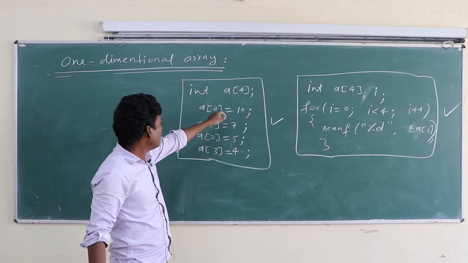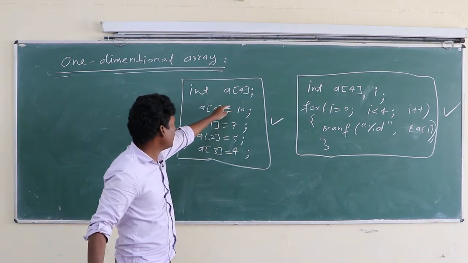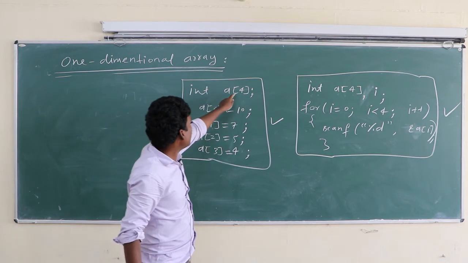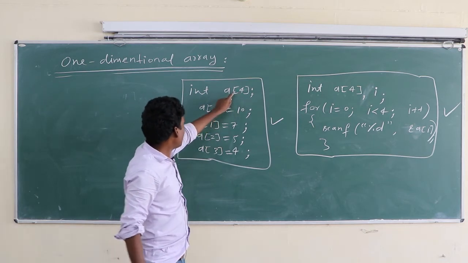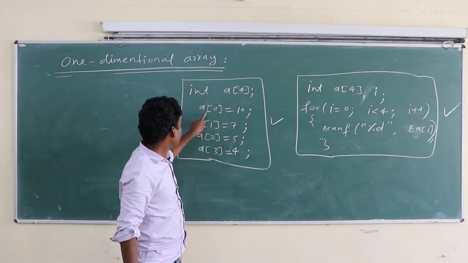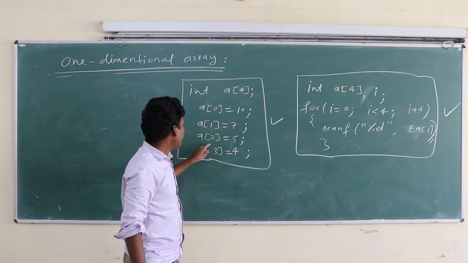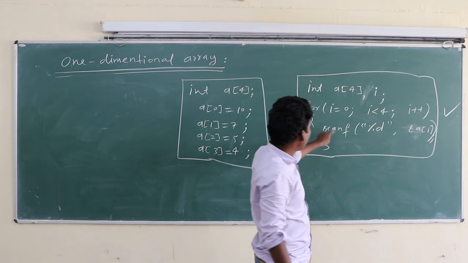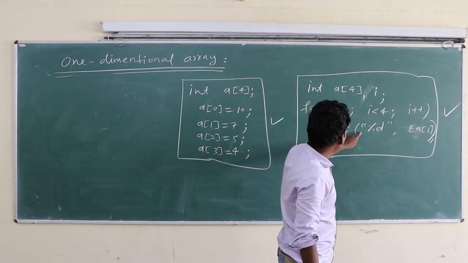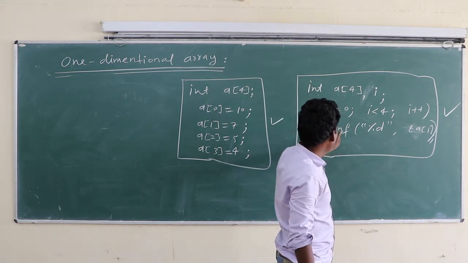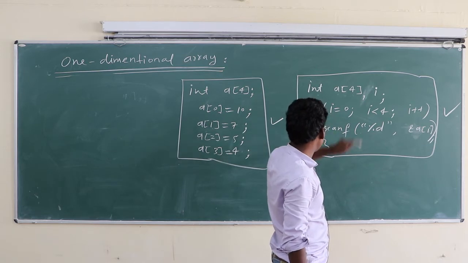If you want to assign different numbers, not 0, to all array elements, then one way is you assign each element individually, and another way is using scanf in the more convenient way with the for loop.